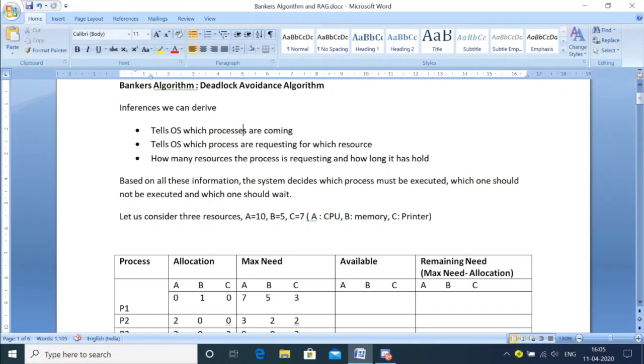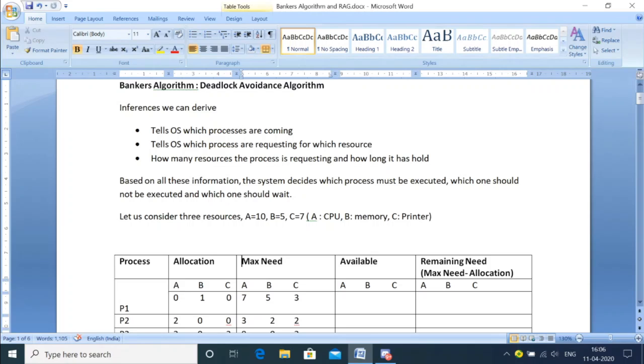Also, it will tell the operating system which processes are requesting certain resources, that means they are requesting certain resources to be given to them. And also, if we use this algorithm, we will be able to know how many resources the process is requesting and how long it has to hold them. So these are the three points that we can know using Banker's algorithm.